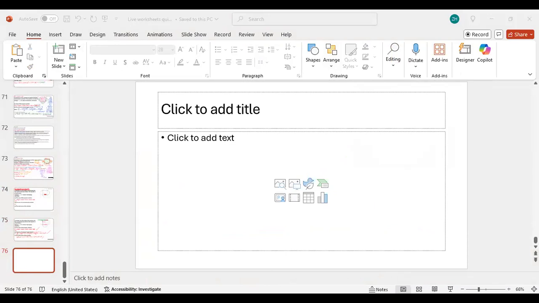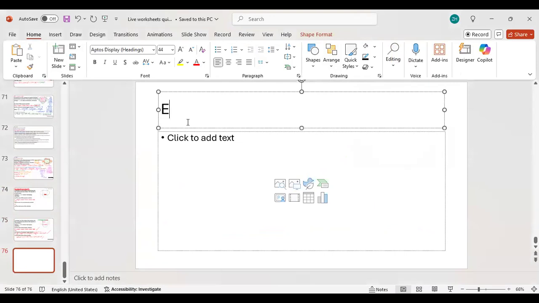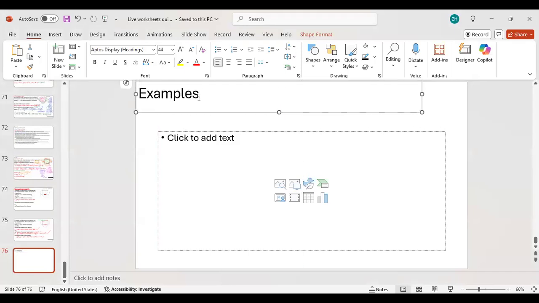All right, so the diagram, that's gonna be examples.